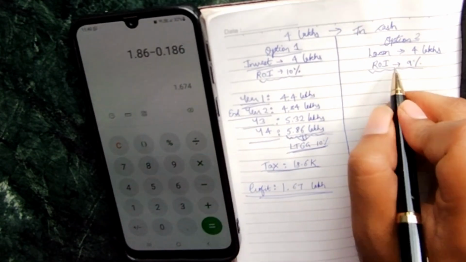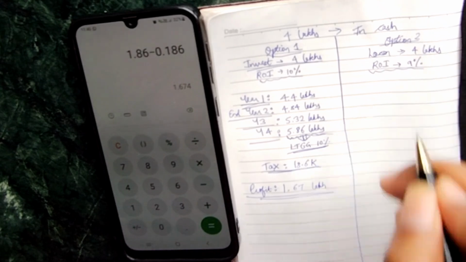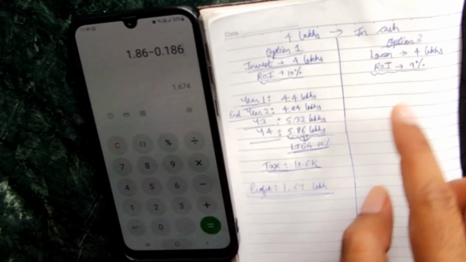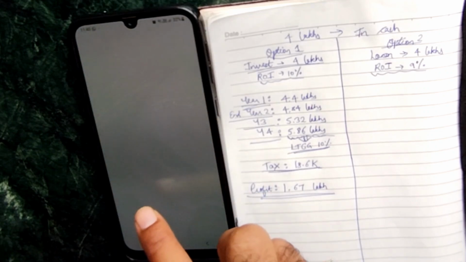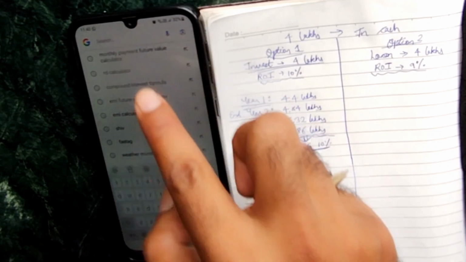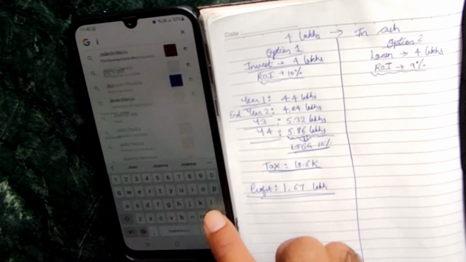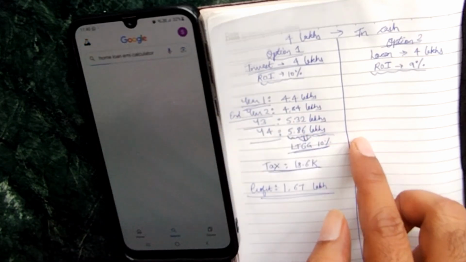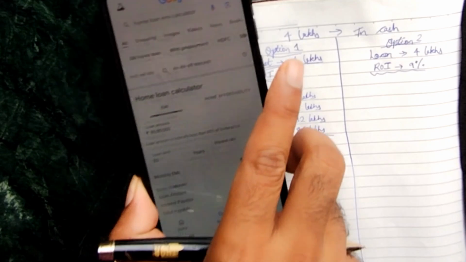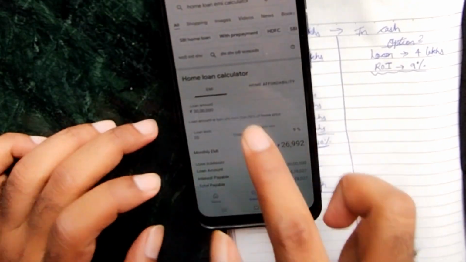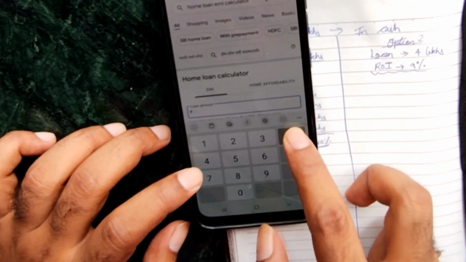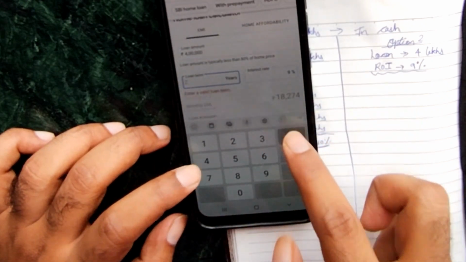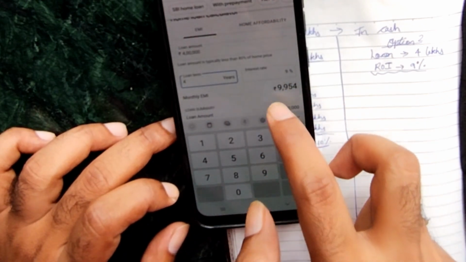But parallelly he has also taken a loan at a rate of interest of 9%. So he'll have to pay an EMI. Let's first find out the EMI amount. So we have this home loan EMI calculator. I put the loan amount as 4 lakh, loan term as 4 years, interest rate as 9%.